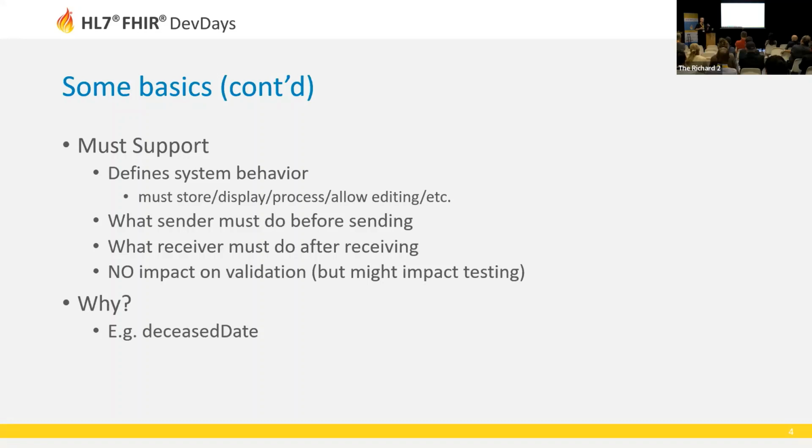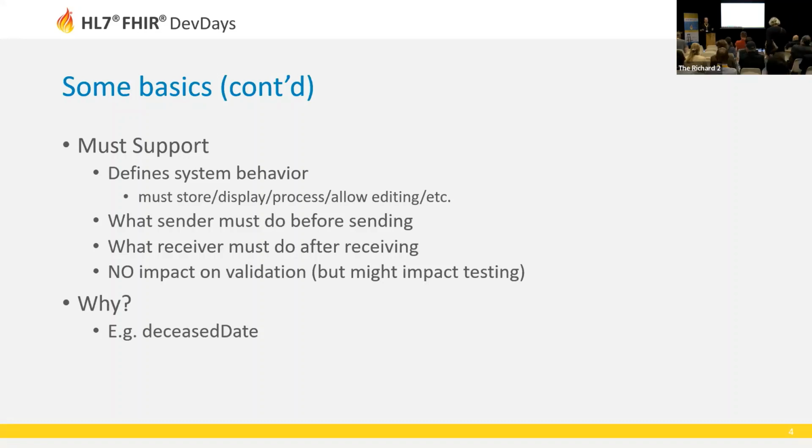And people say, well, why do you care about that? And the example I typically give is deceased state. We do not want to make deceased state mandatory. That would be a bad thing in healthcare. But by the same token, we don't want to have a system that says, well, deceased state is optional, so I'll just ignore it. I'll throw it away. I won't store it. I won't display it.